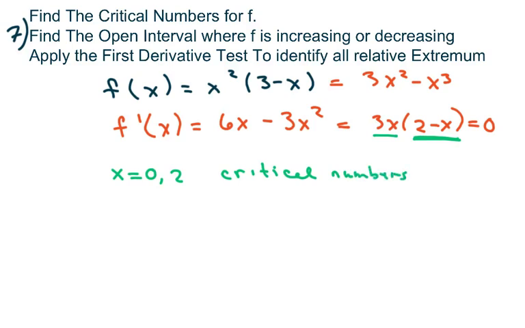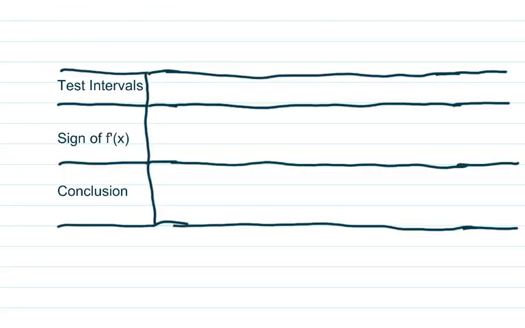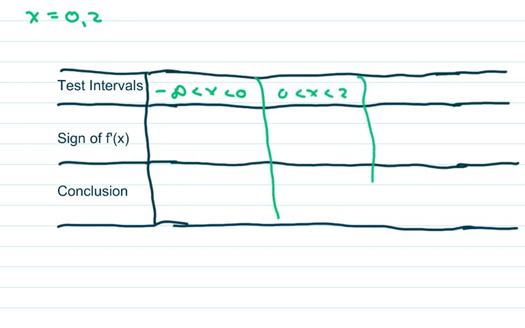Now, we've got to test the intervals. And since our two critical numbers are x equals 0 and 2, we're going to test from negative infinity to 0, and then from 0 to 2 in that interval, and then also from 2 to infinity.